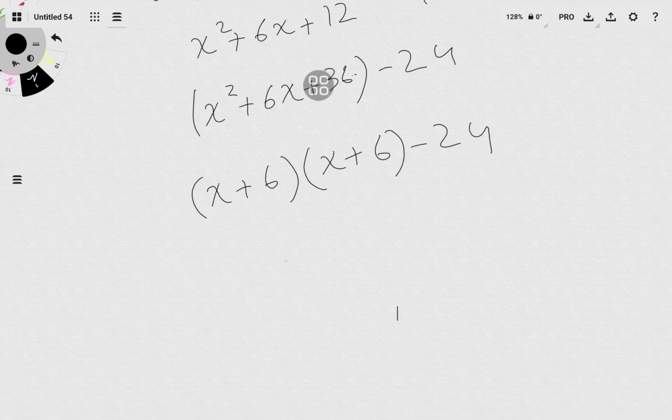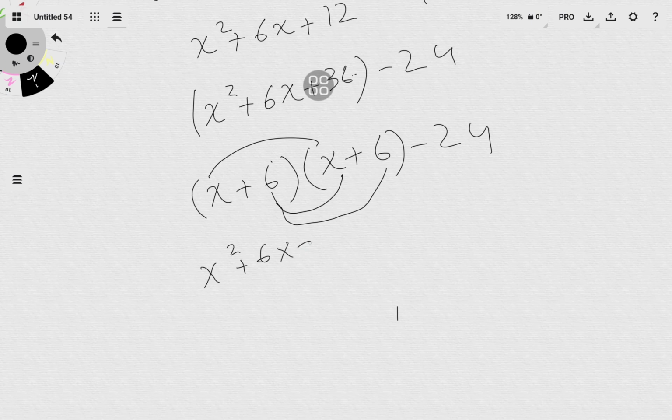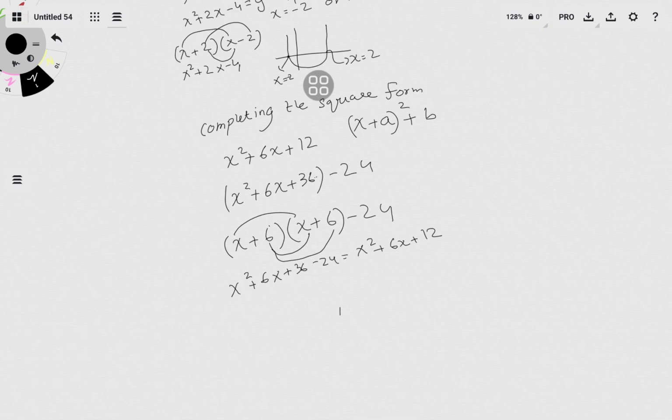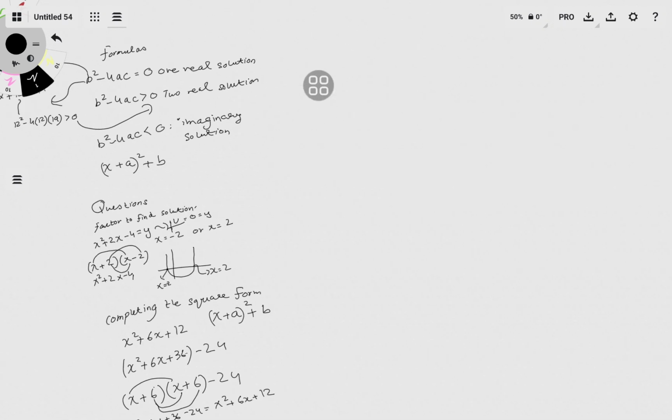If we calculate this, x square plus 6x plus 36 minus 24 is equal to x square plus 6x plus 12. So we get back the original answer. So this means this is correct.